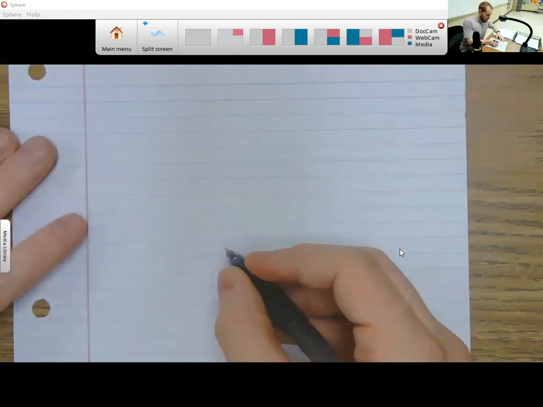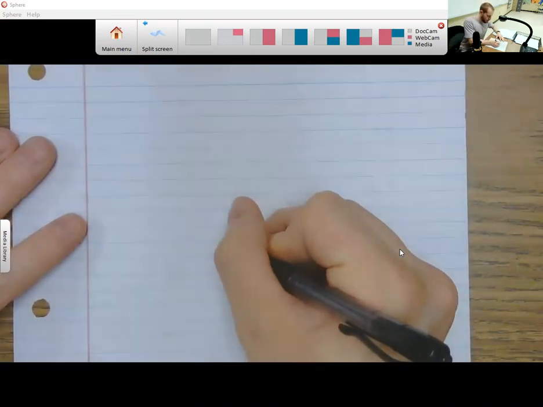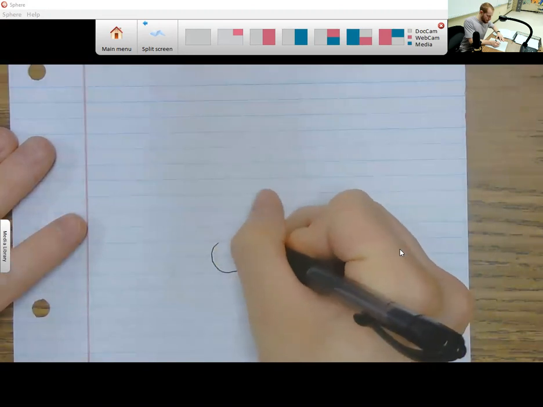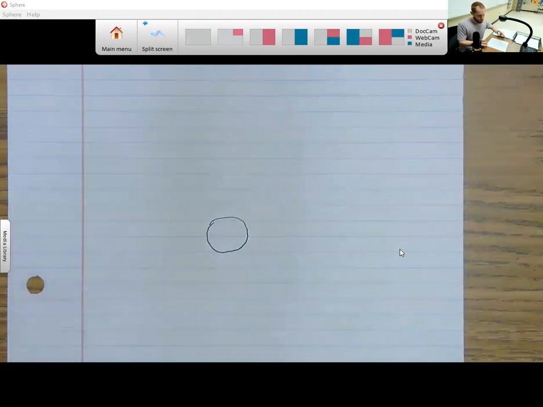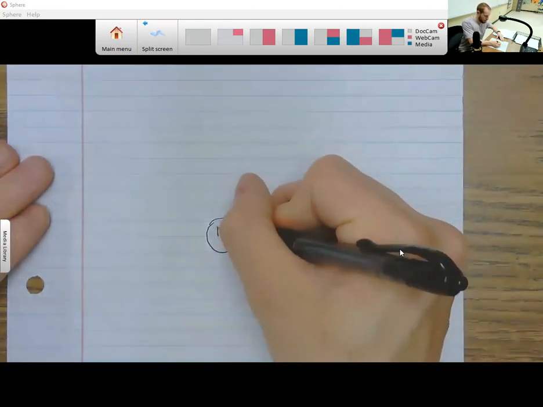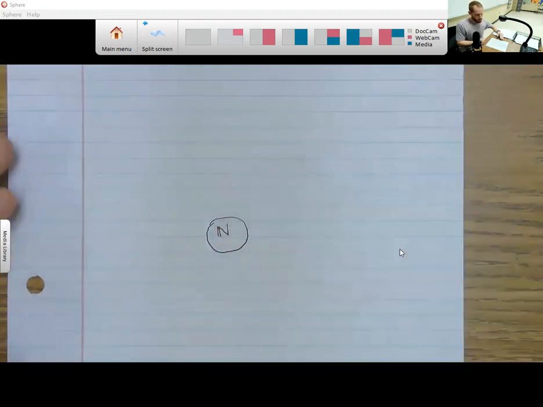Okay? So first of all, we start off with the natural numbers. And the way I'm going to draw it is, I'm going to draw it as a circle in the very middle of the page. So here's my circle, and all the natural numbers are going to be in this circle. So what's the natural numbers? It's all the positive whole numbers, right? So 1, 2, 3, 4, so on and so forth.